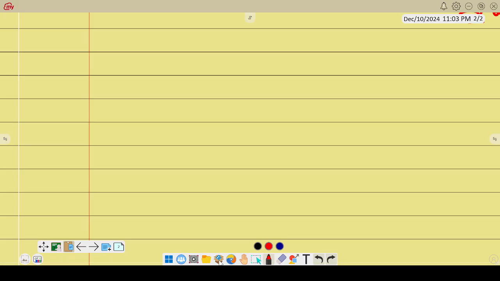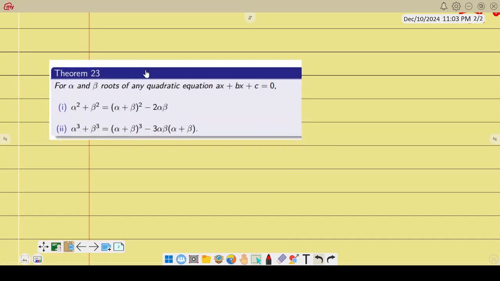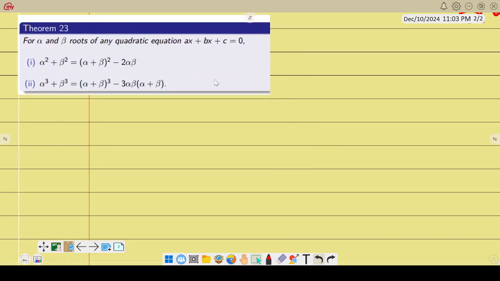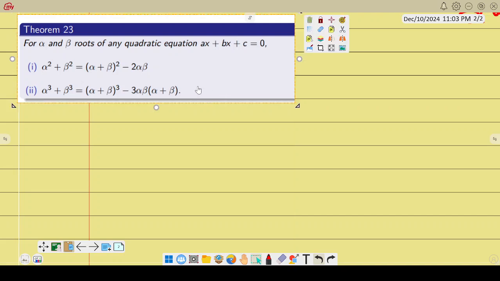Okay, so we have this theorem, something you should know very well. For the first one, I'll show you the simple trick. You just have to study these by heart.